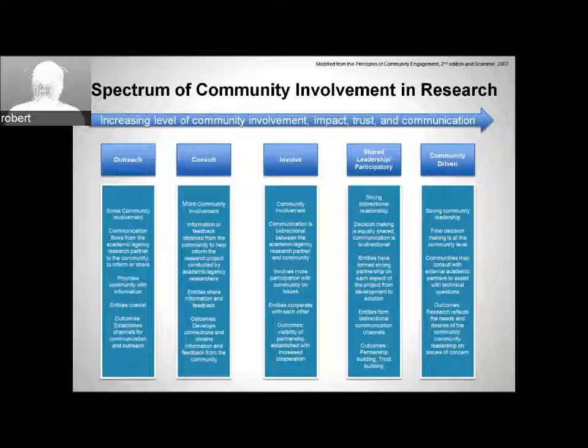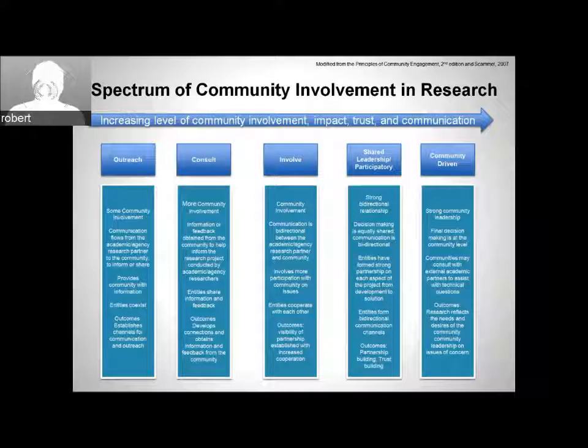When we look at the continuum involving how the community may function within your research, at one end, you have outreach, which is primarily closer to the traditional, where communication flows from the academic agency to the community, basically to inform or share that the research is going to occur. It provides the community with information and then identifies what the outcomes are for that research.